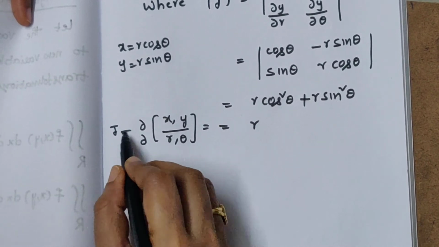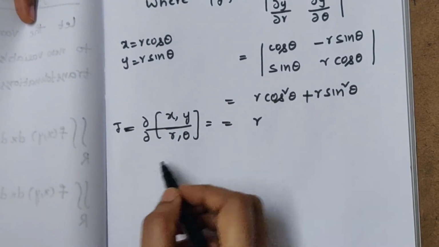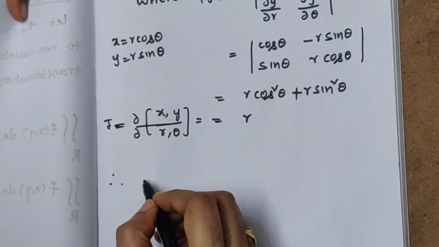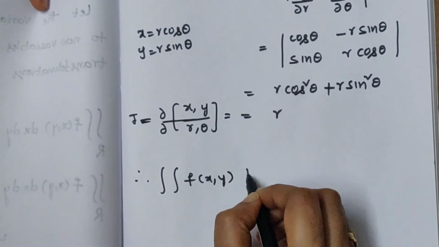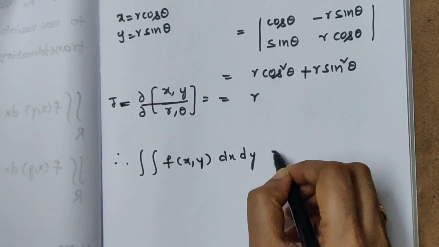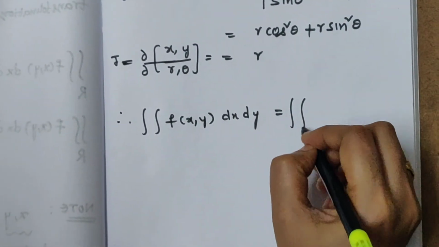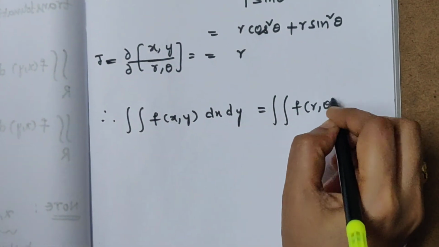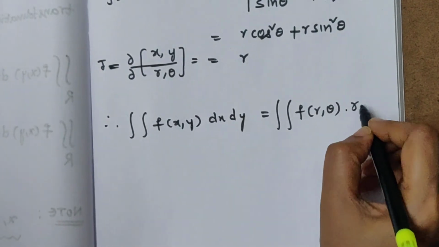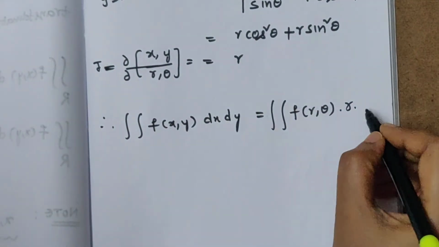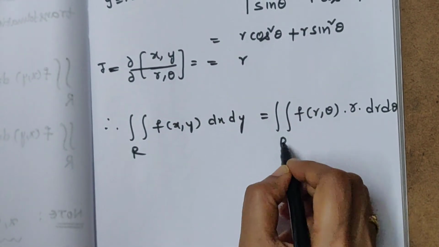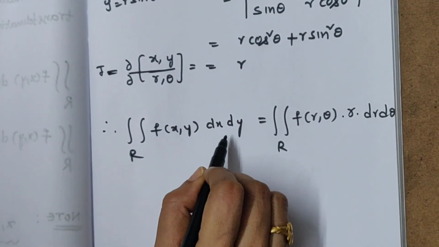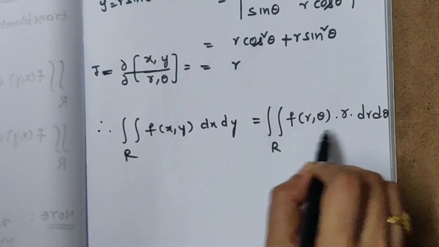Therefore, by converting the Cartesian double integral to the polar double integral, it becomes a function in r comma theta, times r, since the Jacobian is r, dr d theta. Why are we converting the Cartesian double integral to the polar double integral?